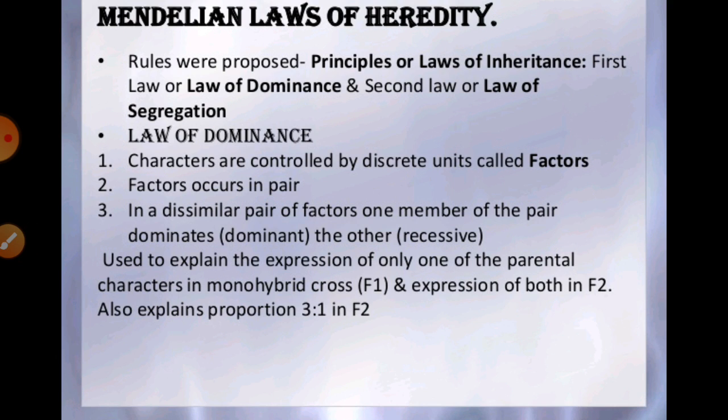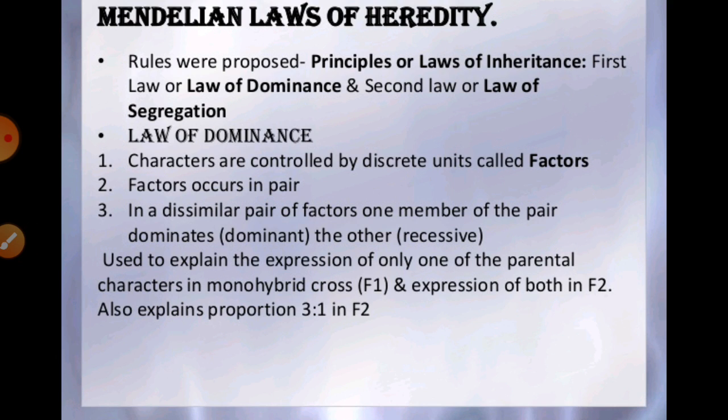According to Mendel, he proposed three laws: the law of dominance, second the law of segregation, and third the law of independent assortment. Law of dominance and law of segregation are based on the monohybrid cross, but the law of independent assortment is based on the dihybrid cross.